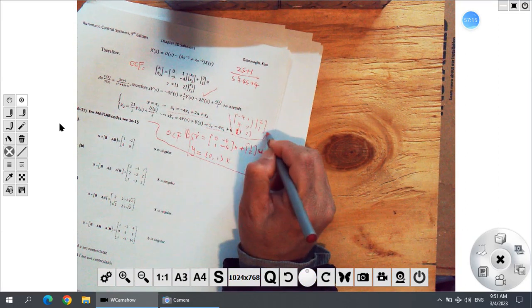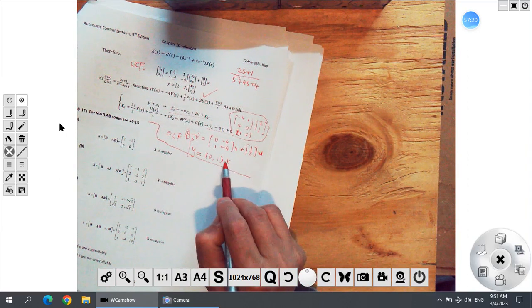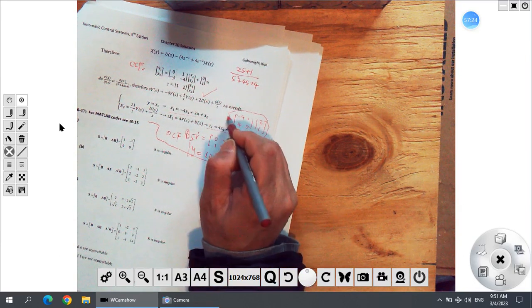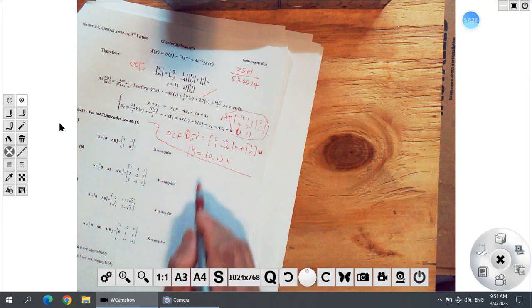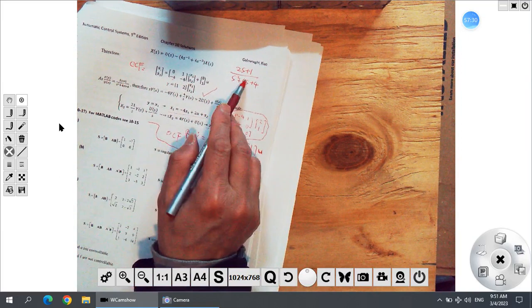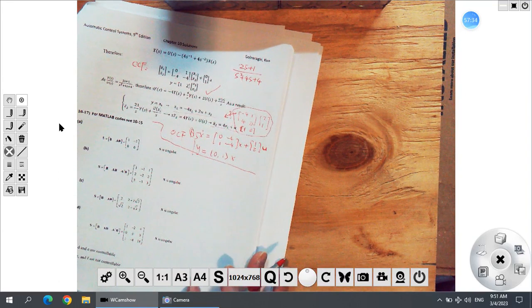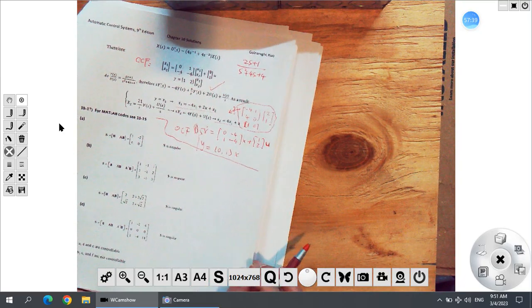Oh, they use a different order, right? Here y equals x2. They use x1 for x2. Okay, this is not OCF. Some problem. You can just transpose this one and you get this one. Yeah. Okay, so this is this problem.